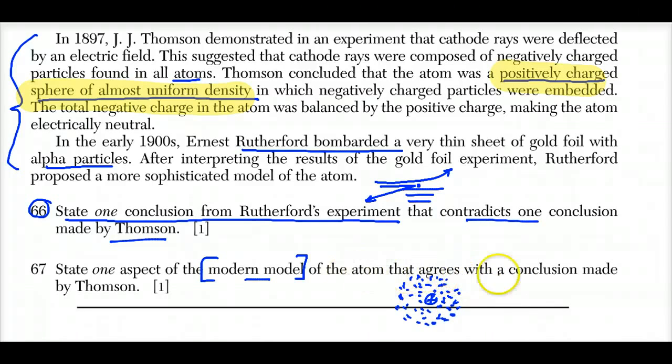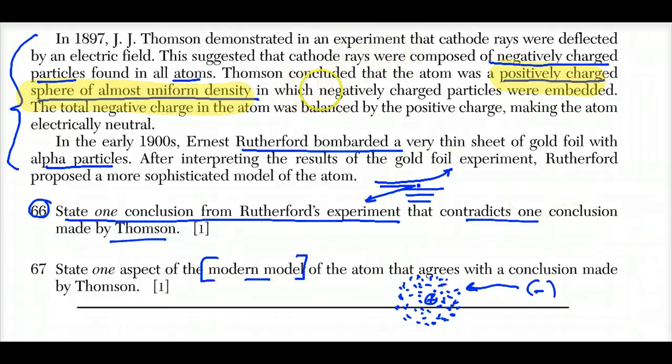But the modern model considers electrons to be negatively charged, right? What did Thomson suggest? That the cathode rays were deflected by an electrical field, which suggested that cathode rays are composed of negatively charged particles. So we do consider electrons negatively charged. Also, what else did he say?